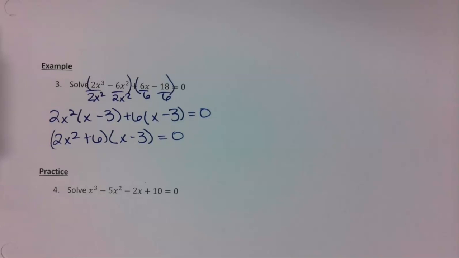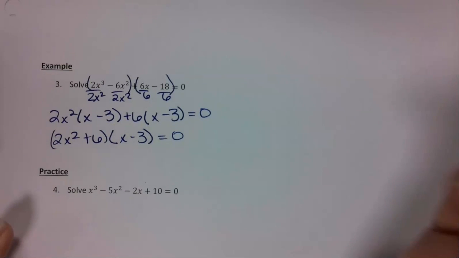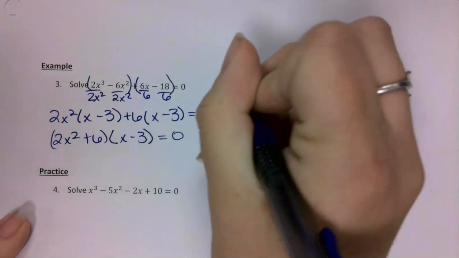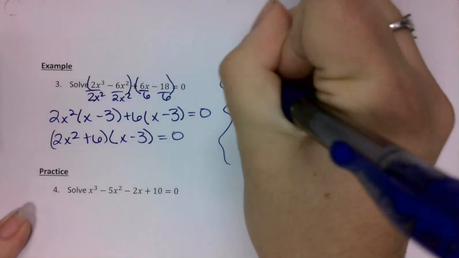Okay. Then I want to take my pieces inside the parentheses and set those equal to 0.